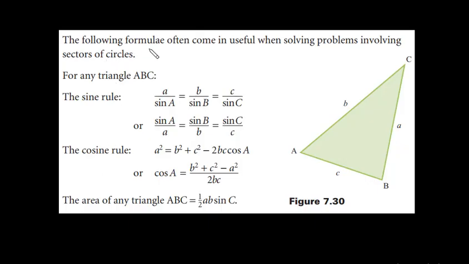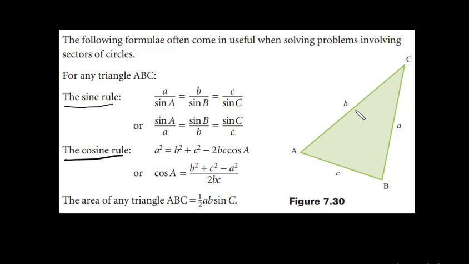Please bear in mind that we have some other formulas to help us solve questions related to sectors of circles. You need to know that we have the sine rule and the cosine rule, and we have the formula to find the area of a triangle: 1 over 2 multiplied by two sides of the triangle multiplied by the sine of the angle in between those two sides.